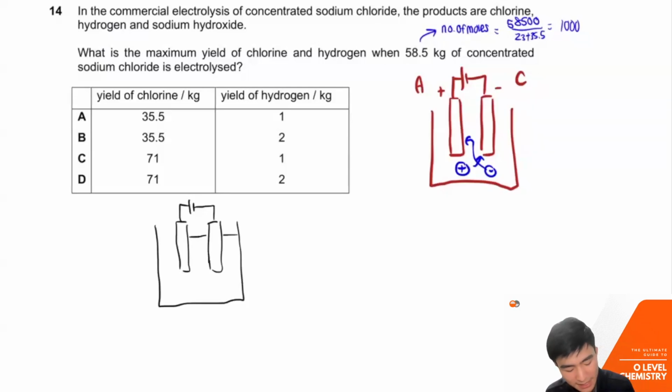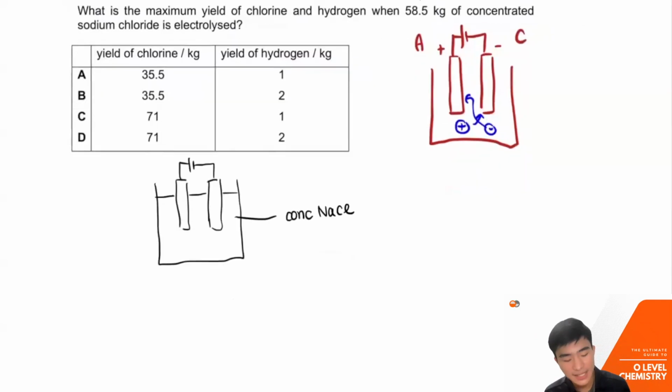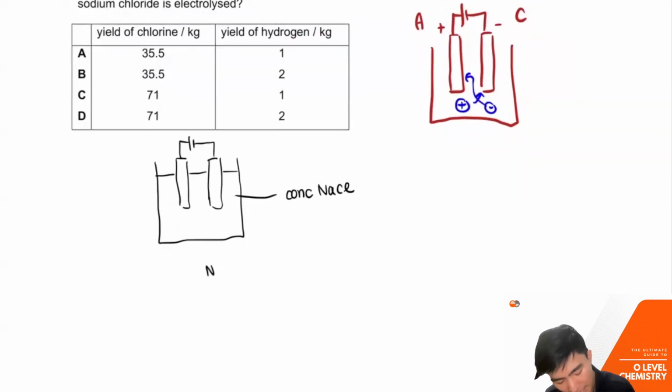Now we must first understand. Okay, everybody, look here. Now we must first understand that this is concentrated NaCl. Now, which means what kind of ions does it contain? It contains Na+, contains Cl-, contains H+, and OH-. Okay, now we have positive terminal, negative terminal, anode, cathode over here.